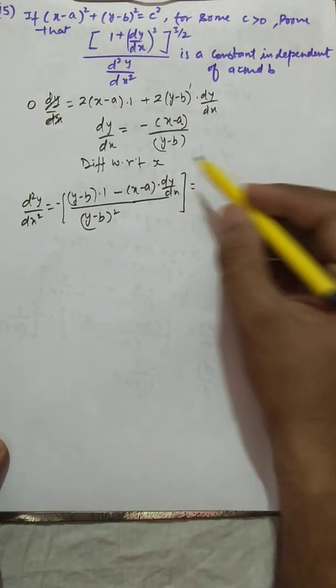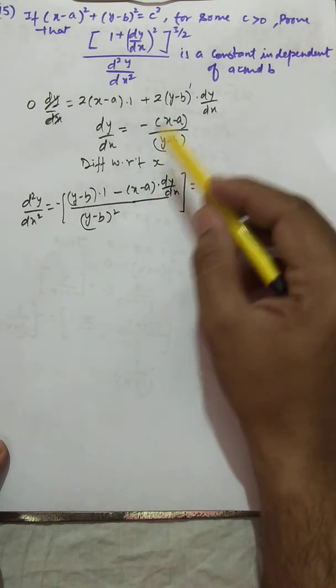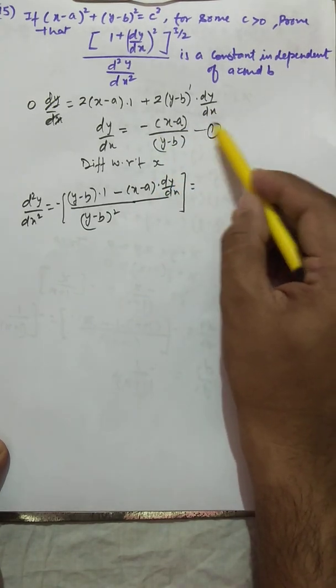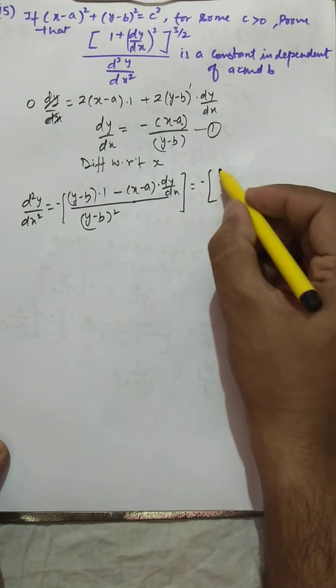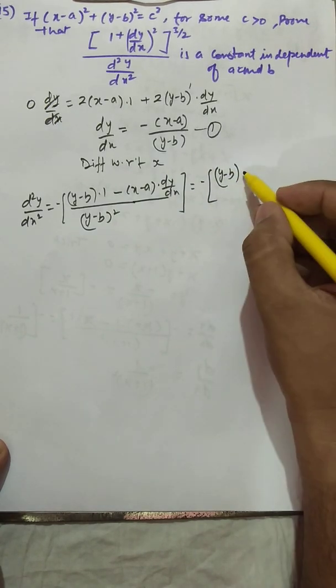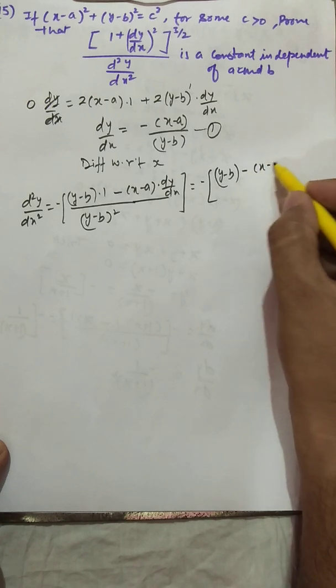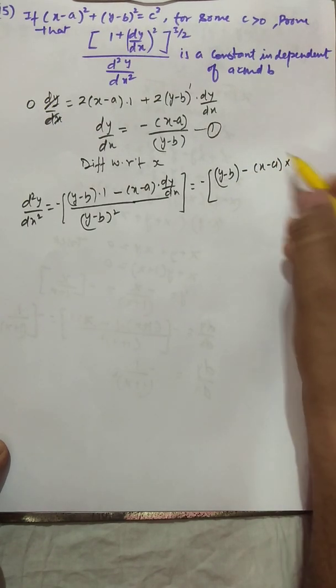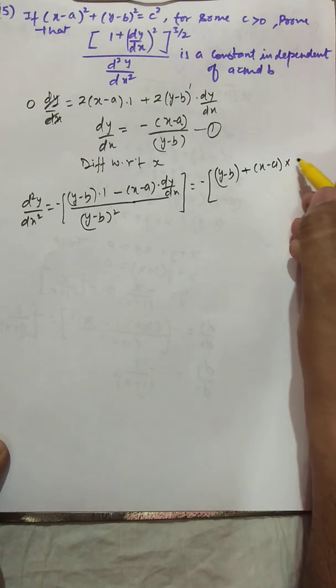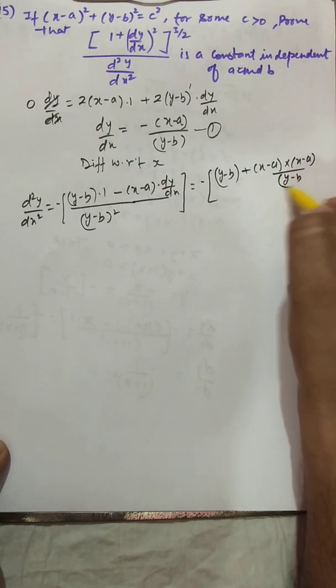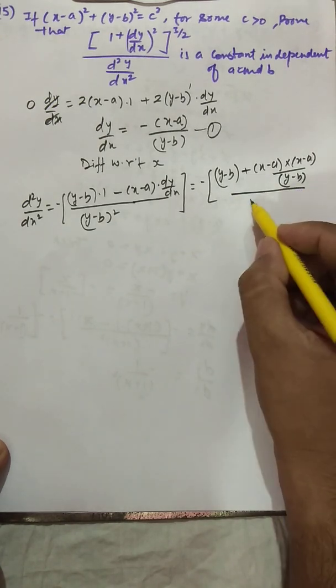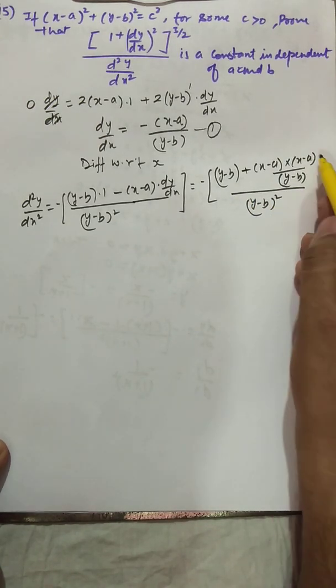Now we have to substitute the value of dy by dx from step number 1, mark this as 1. So from 1 we are putting the value, this will become y minus b, this is minus x minus a, and the derivative of this is minus, so minus minus will become plus x minus a upon y minus b, and here you can see y minus b whole square.